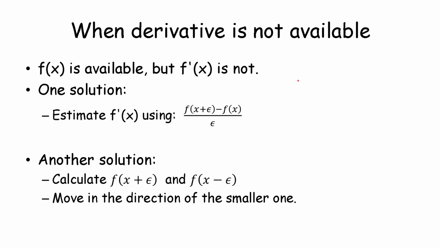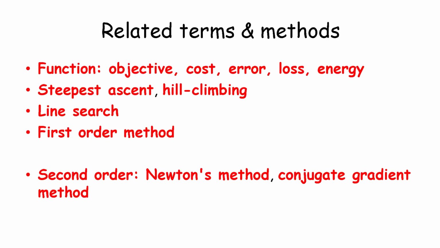move in that direction. Before I conclude, I would like to review some of the related terms and methods you may encounter. The function that we try to minimize is sometimes called the objective or the cost, error, loss, or energy function. All of these functions essentially mean the same thing as far as the gradient descent algorithm is concerned.